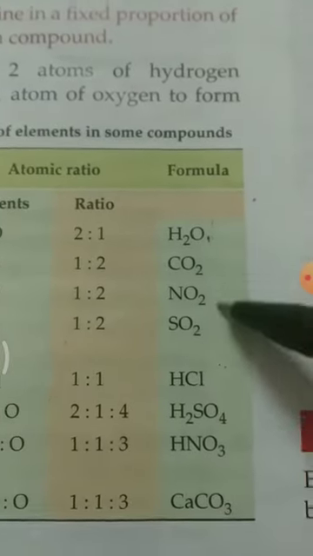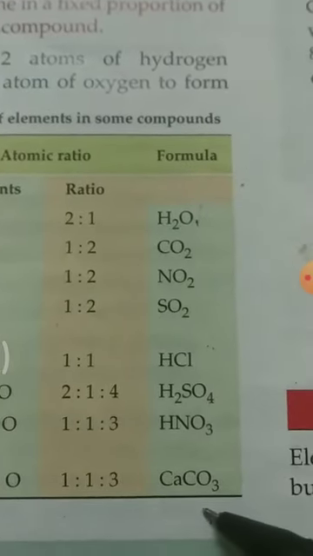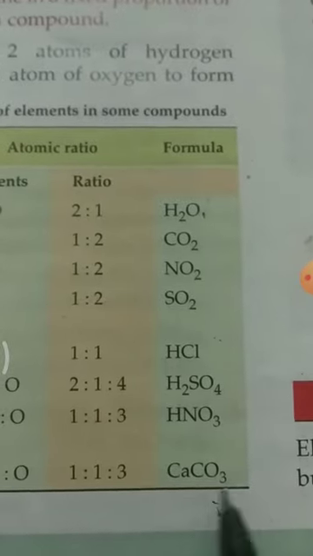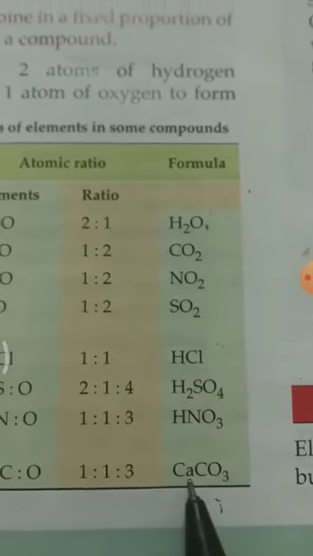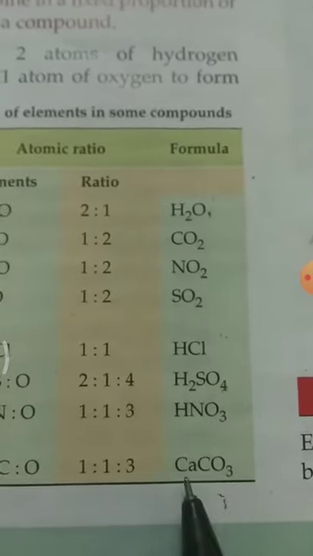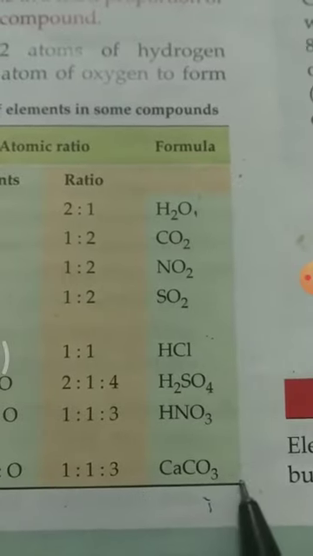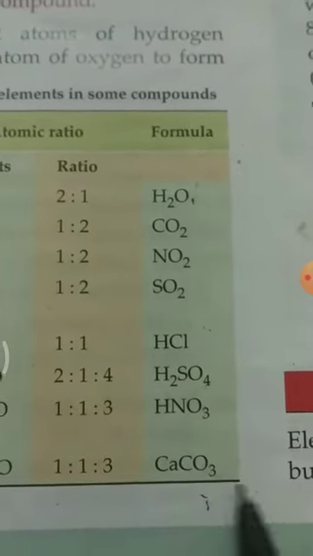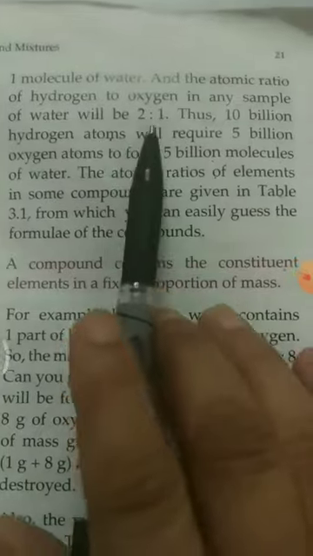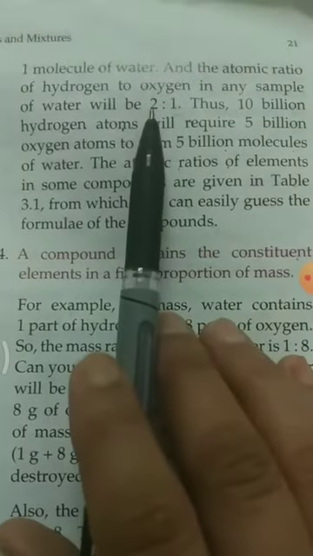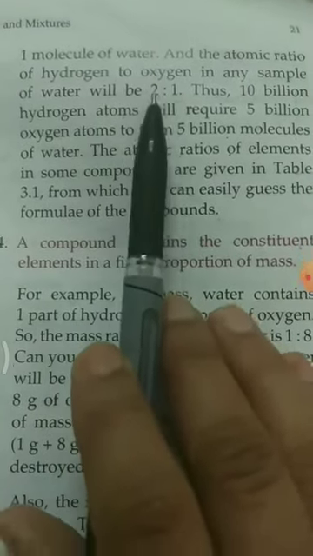The same way, when you read the formula of a compound, you see that all these elements are present in a fixed ratio. See, calcium carbonate, 1:1:3. So in the same ratio, this compound exists in nature. See, they have given 2:1 for water, H2O.